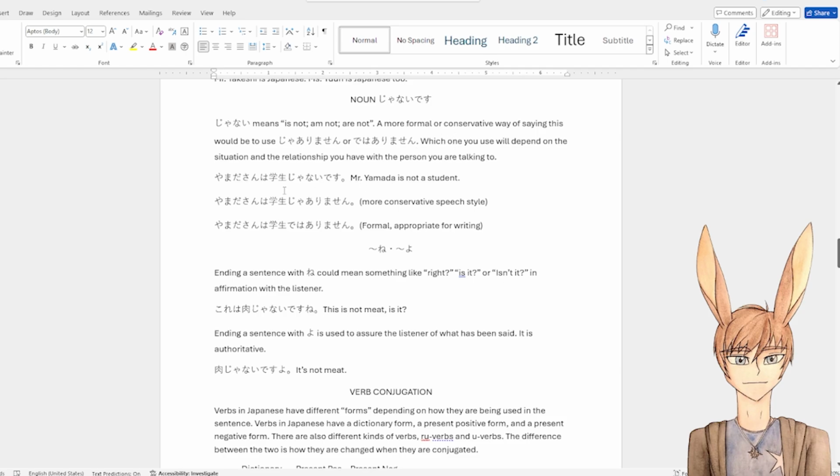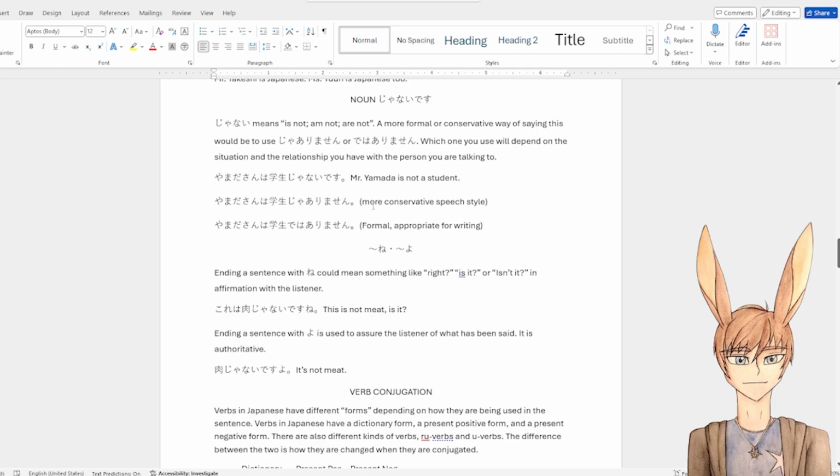But with these examples we have here, we have Yamada-san wa gakusei janai desu. Mr. Yamada is not a student. And then with the more formal way, we have Yamada-san wa gakusei ja arimasen, which is more conservative.